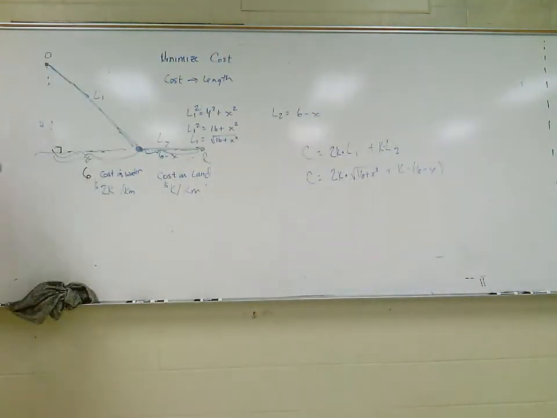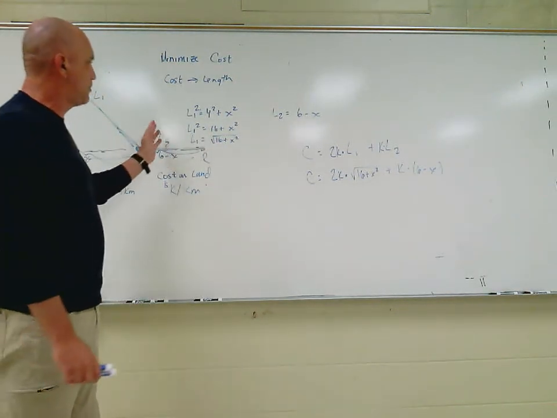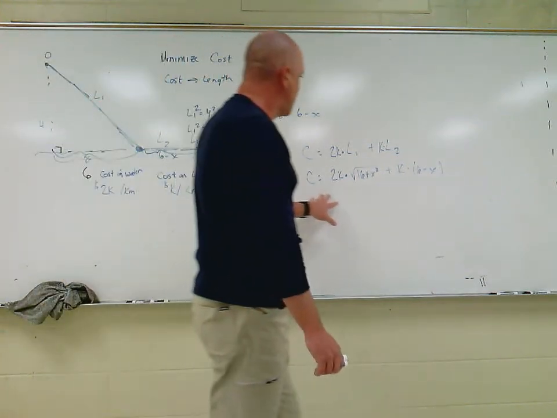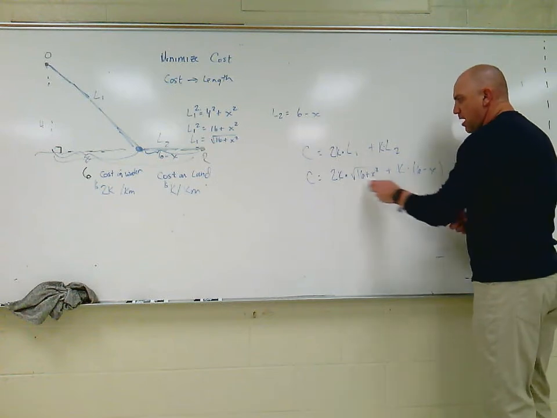All right, so this took a little work because I had to first think about the lengths, and then think, well, how's cost? Cost is going to be dependent on those lengths. And so we want to minimize this equation. You're going to say, well, I have a K here.